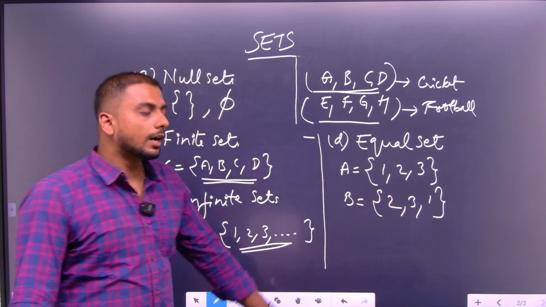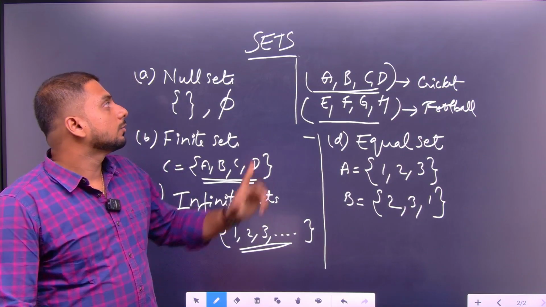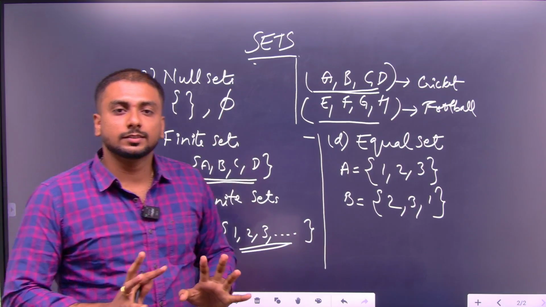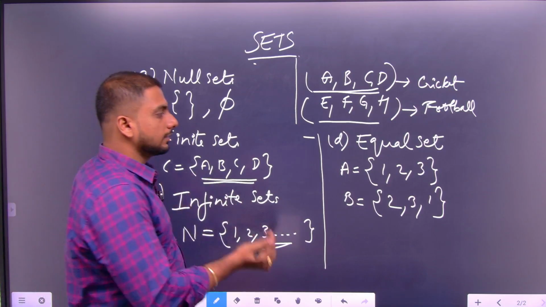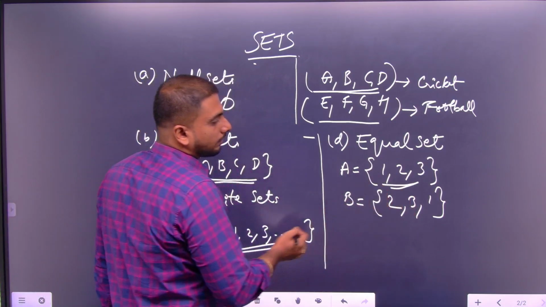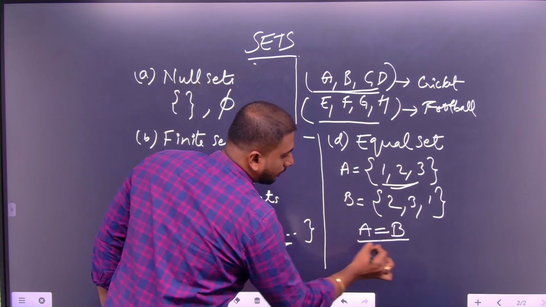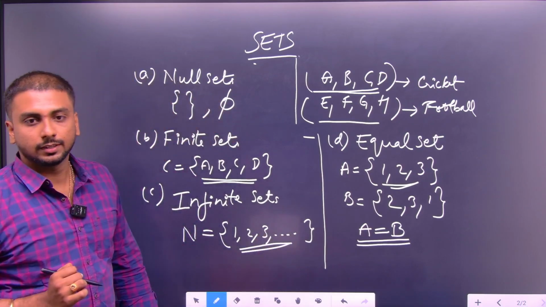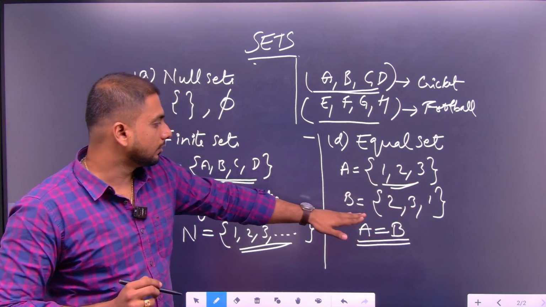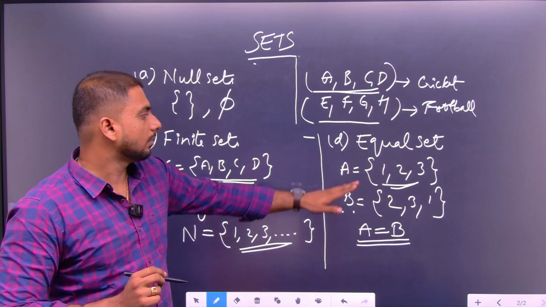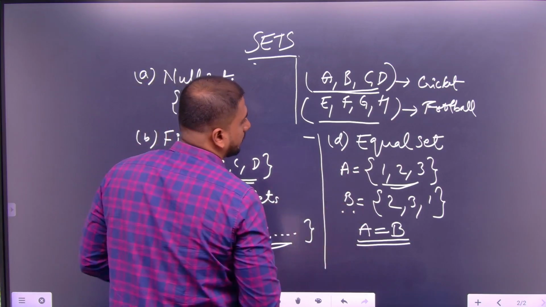Are these two sets equal? Please note that when we wrote the definition of set, we never mentioned the order of placement of elements. So whether the order is interchanged between 1, 2 and 3, we can always say that A is equal to B. Even though the order has been changed, all the elements of B are in A and all the elements of A are in B. So these are known as equal sets.